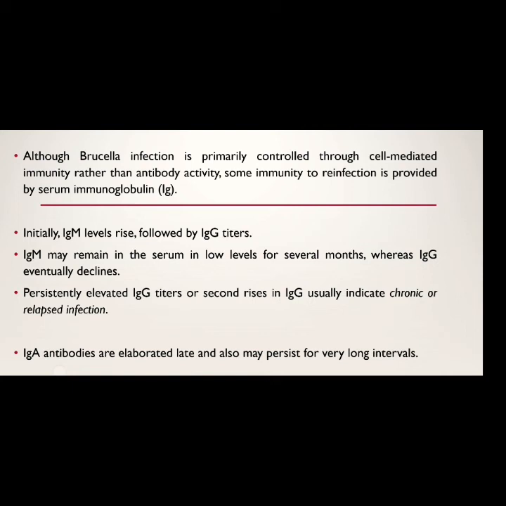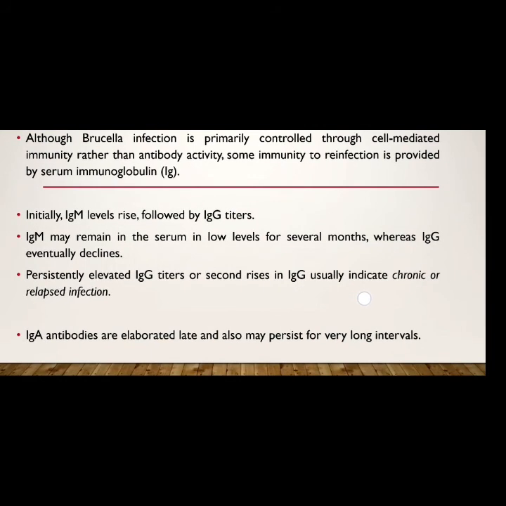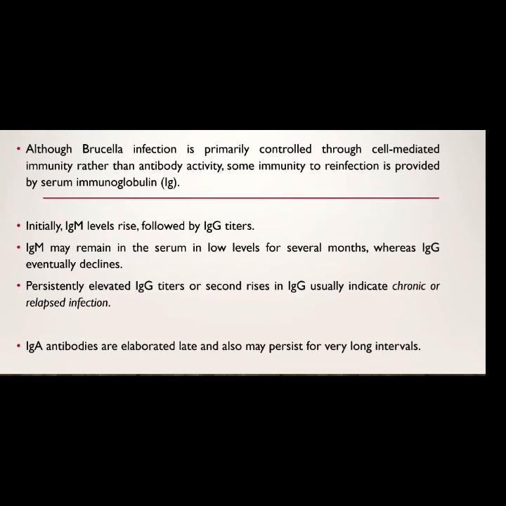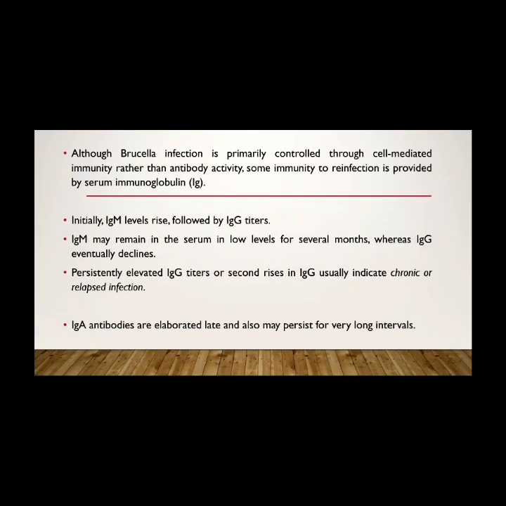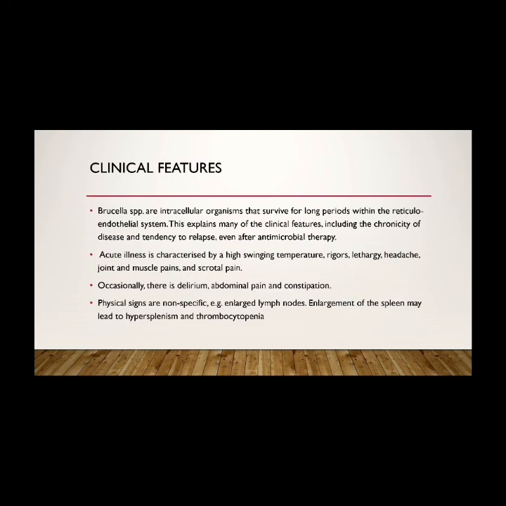What about immunoglobulin A? Immunoglobulin A antibodies are elaborated late and also may persist for long intervals. So immunoglobulin M, immunoglobulin G, and immunoglobulin A are examples of immunity against this type of infection.